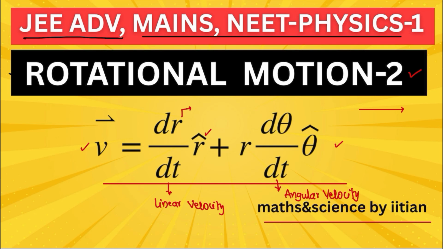In that, dx by dt is velocity, x is the displacement, and d square x by dt square is equal to acceleration. But here in the rotational motion, both linear parameters vary with time and also angle also changes with time. Hence, we will get angular velocity and also linear velocity.